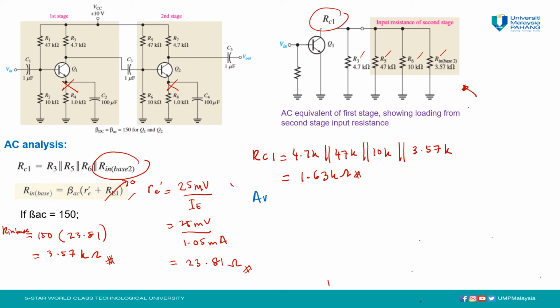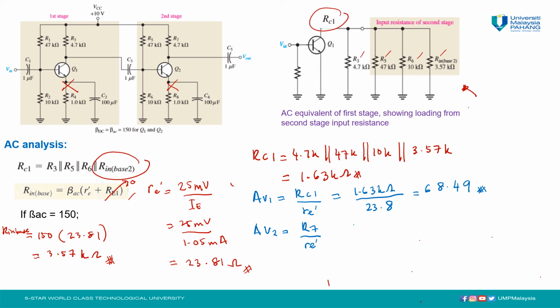Now we can calculate the base to collector voltage gain of the first stage. AV1 equals RC1 over RE prime, so 1.63K over 23.8 equals 68.49. This is the voltage gain of the first stage. Next, the second stage is given by AV2 equals R7 over RE prime.